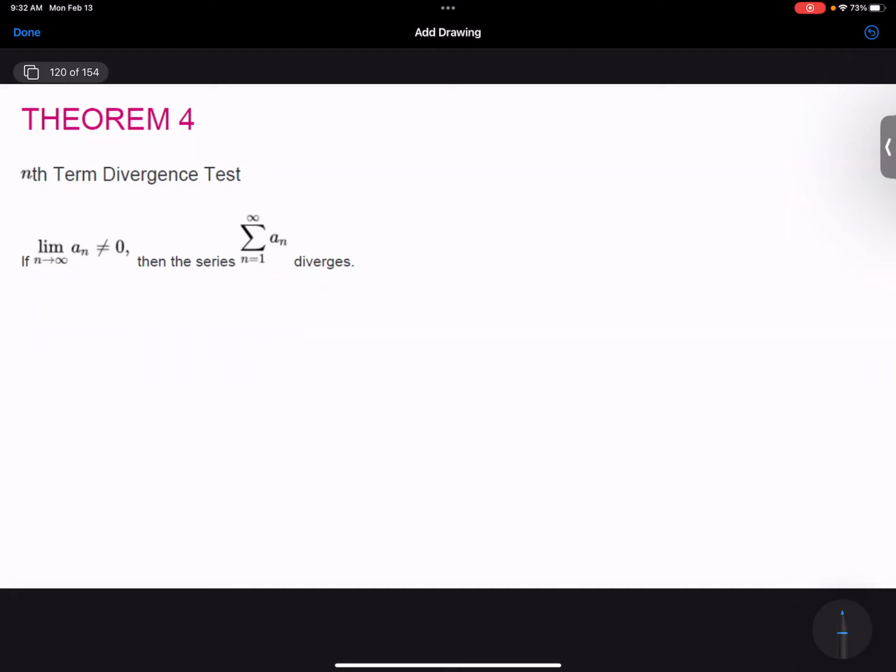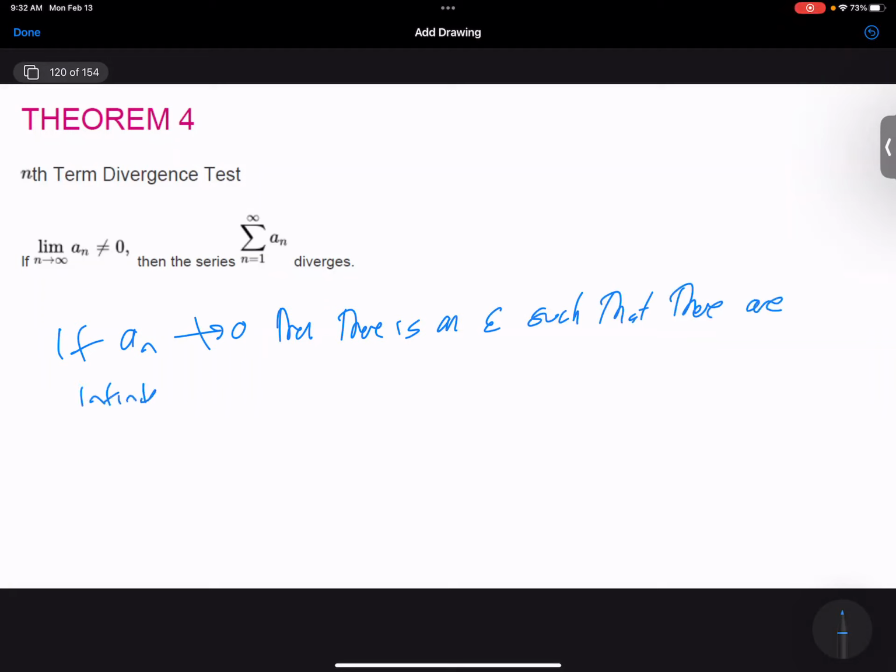If a_n is not going to 0, then there is an epsilon such that there are infinitely many n with a_n greater than epsilon.